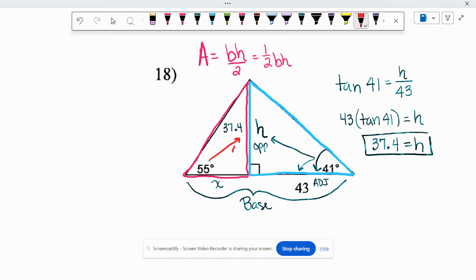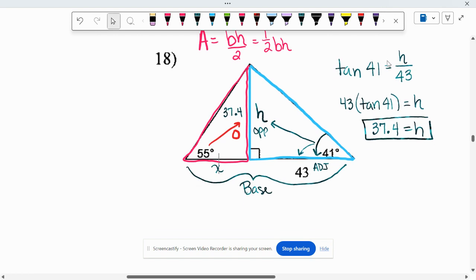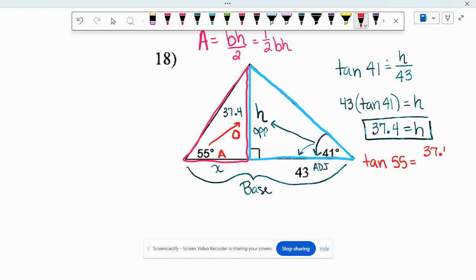It's the O. Is the X the O, the H, or the A? It's the A. So again, I'm going to use the tangent function. The tangent of 55 equals the opposite, which is 37.4, over the adjacent, which is X.